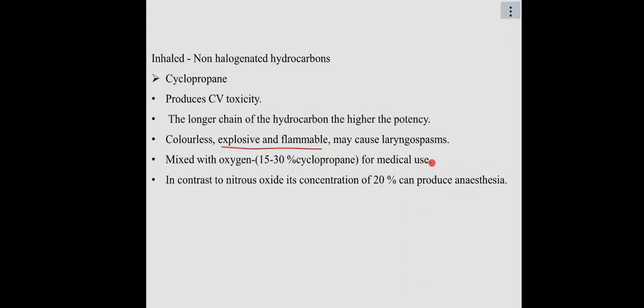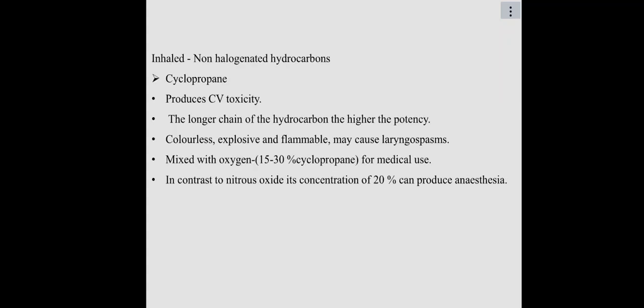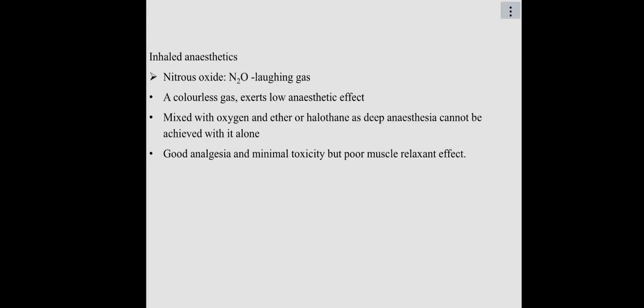In contrast to nitrous oxide, its concentration of 20% can produce anesthesia. The problem is being explosive and flammable, and of course the danger it can bring to the theater labs. Those are some of the examples I've given: non-halogenated hydrocarbons, and also the inhaled anesthetics.